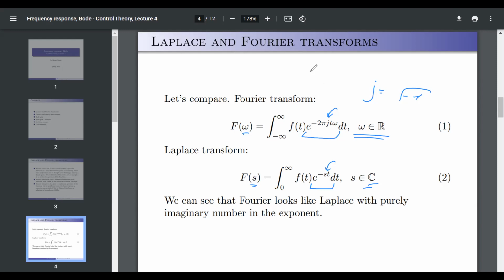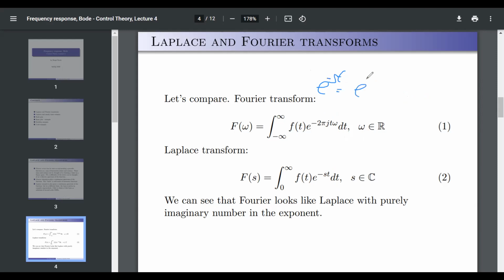All right, so I hope the relation between the two is clear. And remember what I said before, that e to the power s, let's write it as st. We're going to write it like this.